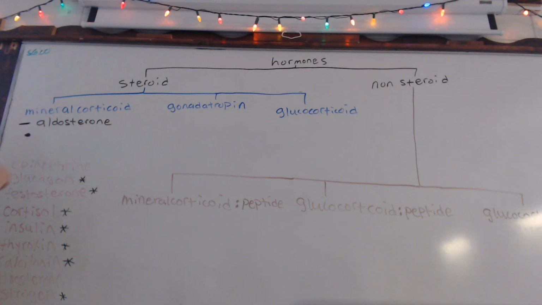What does this aldosterone do? It conserves what? You can say it conserves sodium ions, or you can say it conserves what instead? Because they both mean the same thing. Conserves water. Okay? That's right.